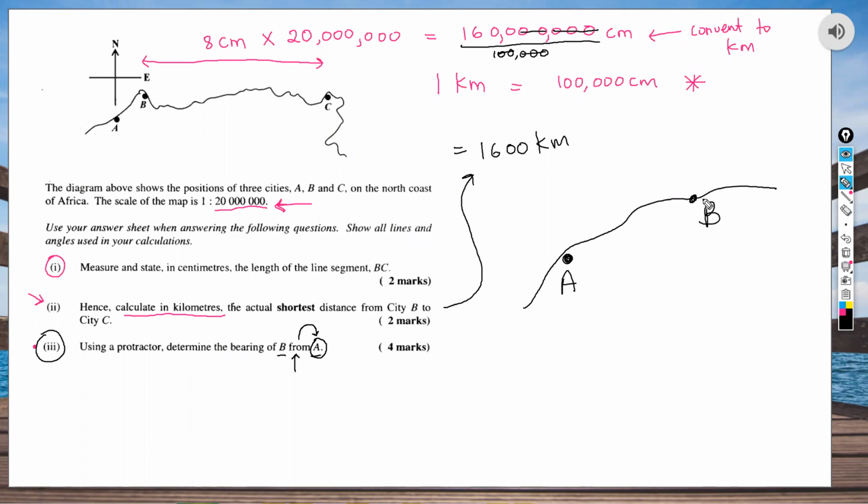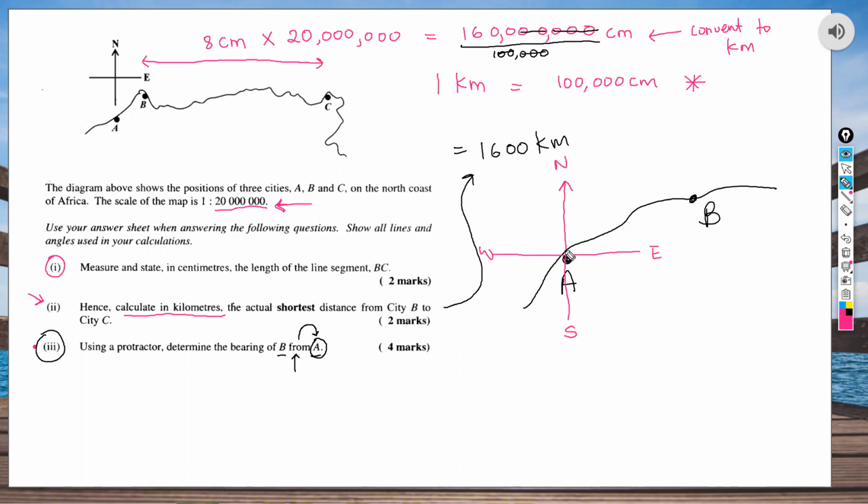They want to know the bearing of B, right? But you are standing at point A. You pull out your compass, right? We all know a compass has north, east, west, and south. Bearings are always measured from north.